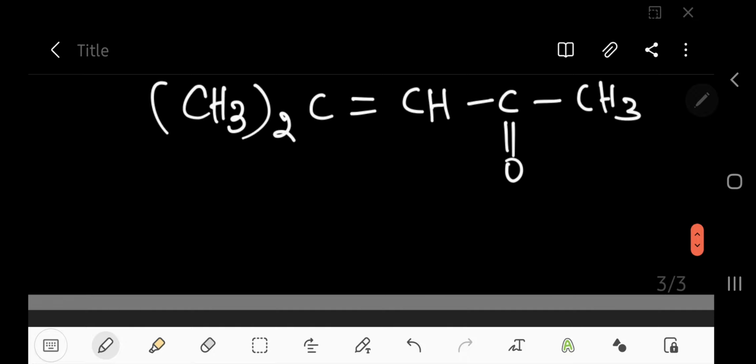Now in this there are non-bonding electrons here, there are pi electrons here, right. So there will be an n to pi star transition as well as a pi to pi star transition.